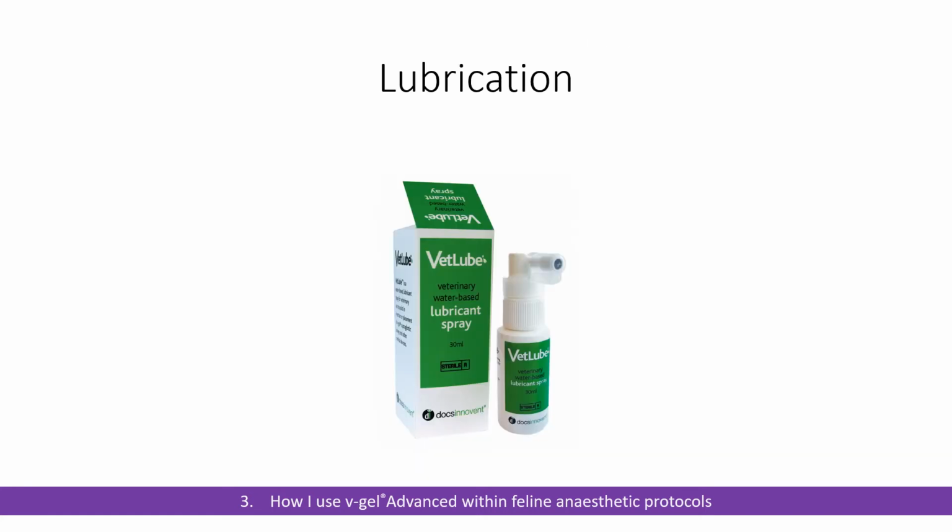Think about lubrication on insertion as well. Obviously, the pharynx is still delicate. The V-gel is very smooth and very streamlined, so it will sit into place well. But whenever you're inserting anything into the pharynx or around the upper airway, it should be lubricated. Vet Lube, made by Dechra, is a very nice water-based lubricant spray.